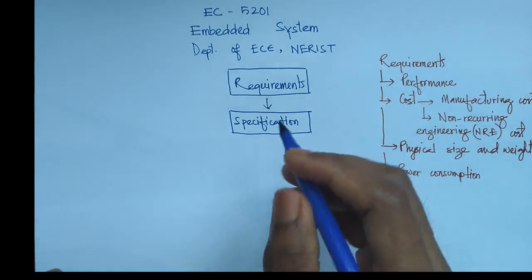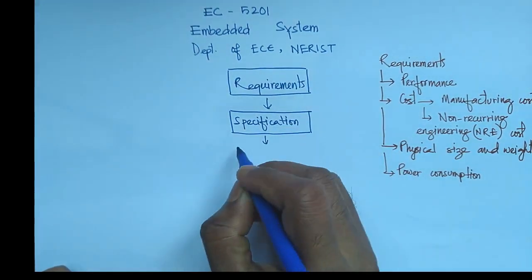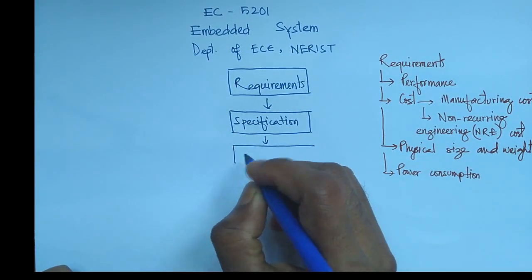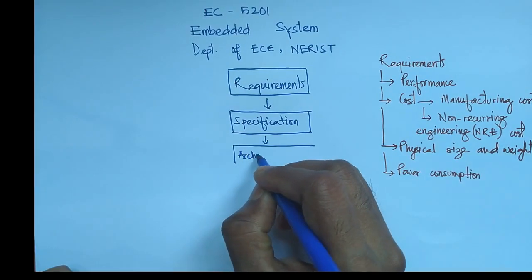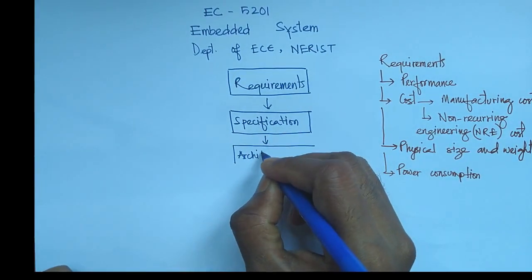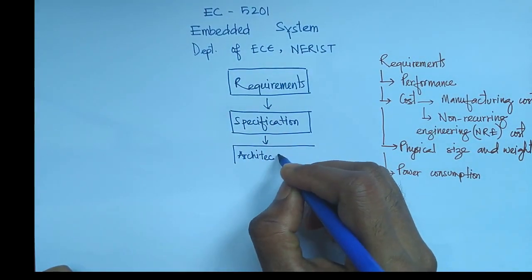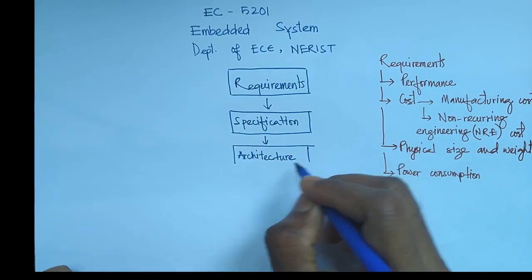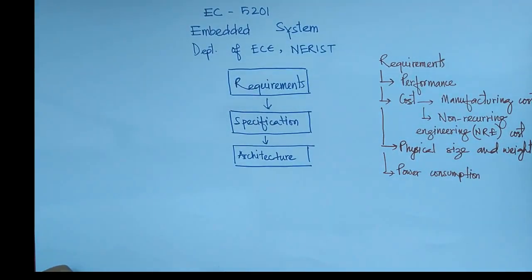Now after the specification, the next thing is the architecture. Now the architecture describes how the system implements the function of the system.